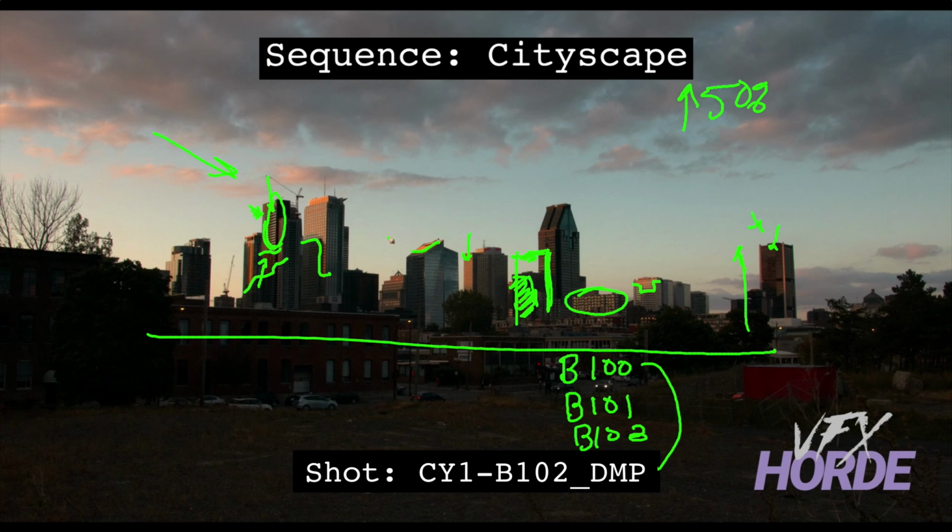If you're using one building for your B102 shot, that same building has to work for all three of these shots. And if you have one building that only looks good with this shot, then you are going to have to really crank it and push it around to make it work for these other shots.